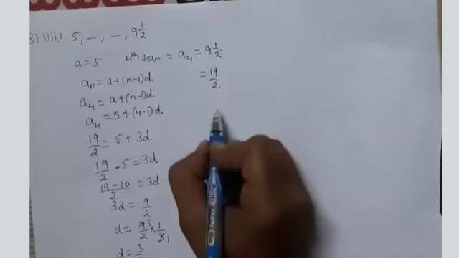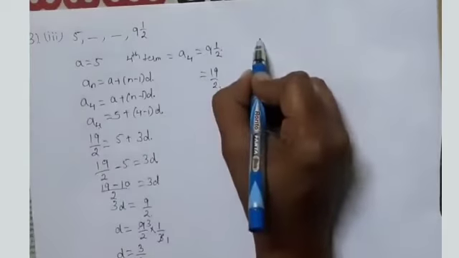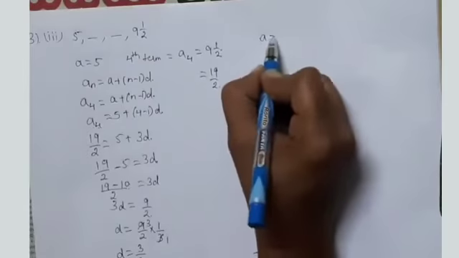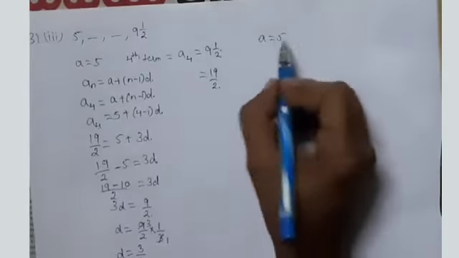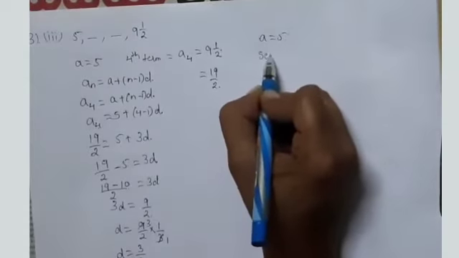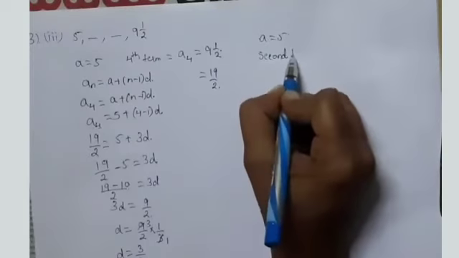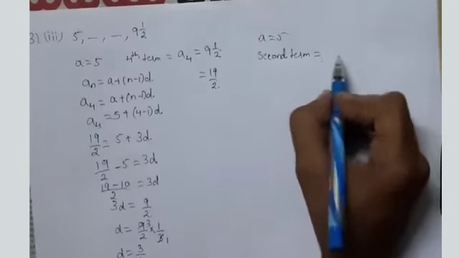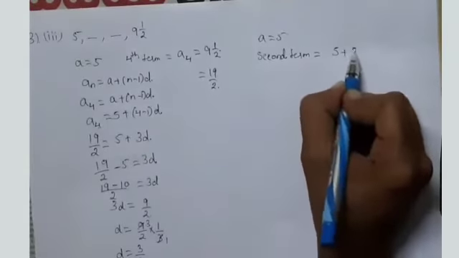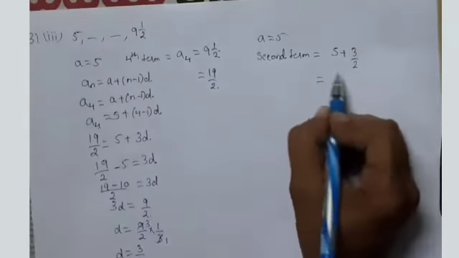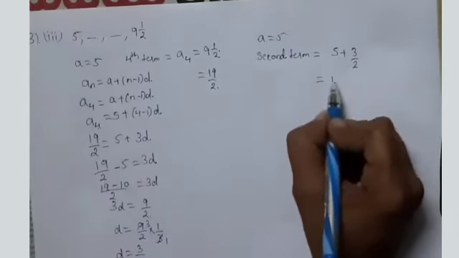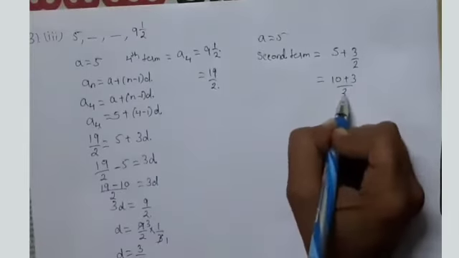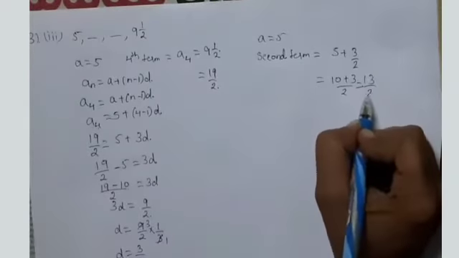So the first term given for us here is 5, that is a equal to 5 is given. So what will be the second term, that is the missing term here? Second term will be equal to 5 plus 3 by 2. So what is 5 plus 3 by 2? Once again the LCM. 5 2s are 10 plus 3 by 2, which is equal to 13 by 2.